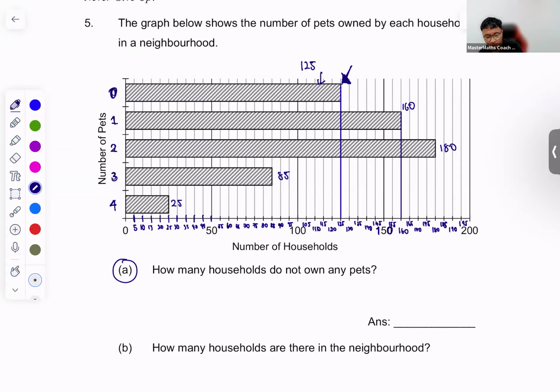Okay. Then the question asks, how many households do not own any pets? From this statement, how many pets do you think they own? The word is not own. Is it 0, 1, 2, 3, 4, or 5?